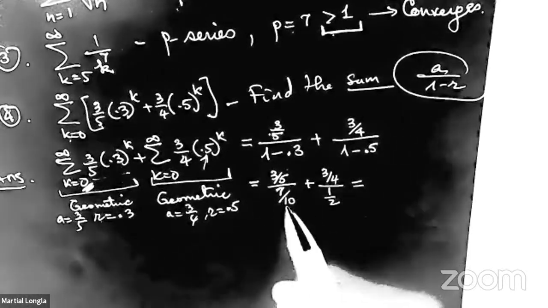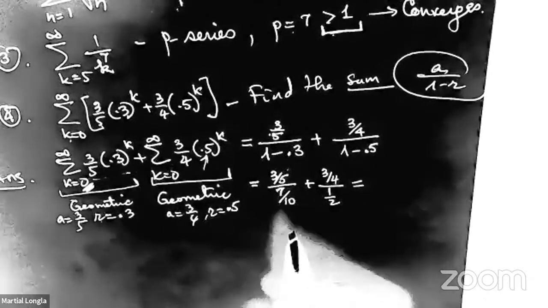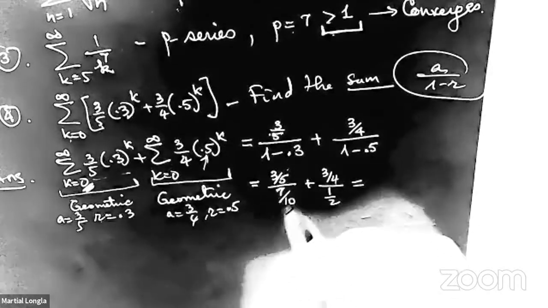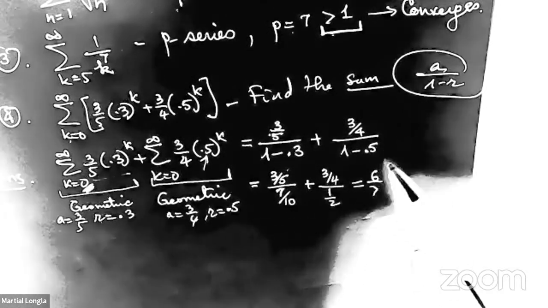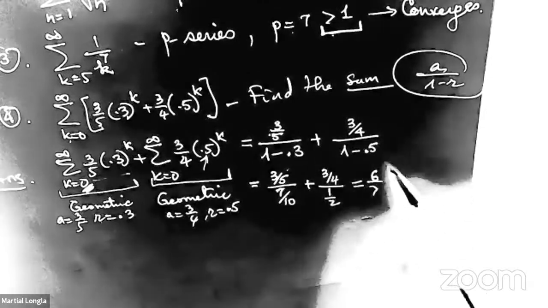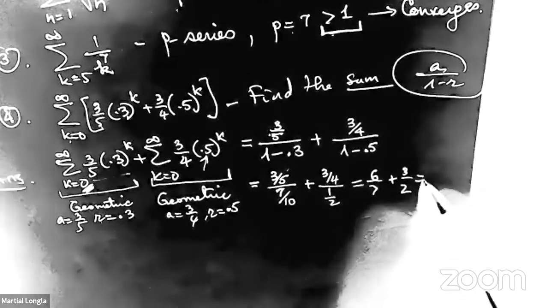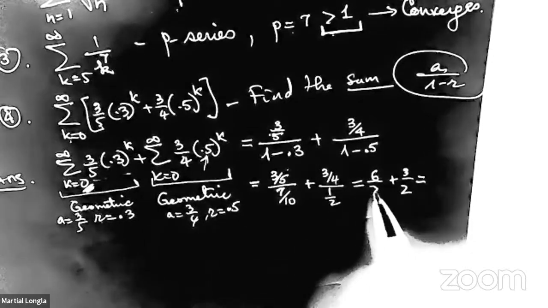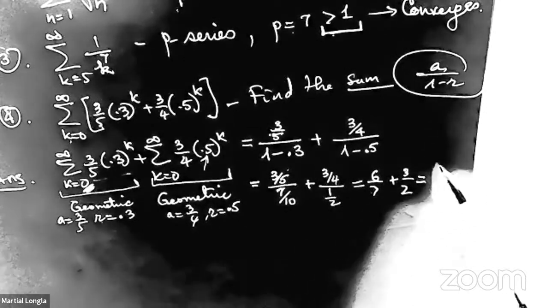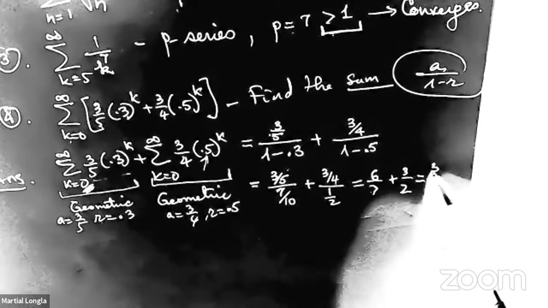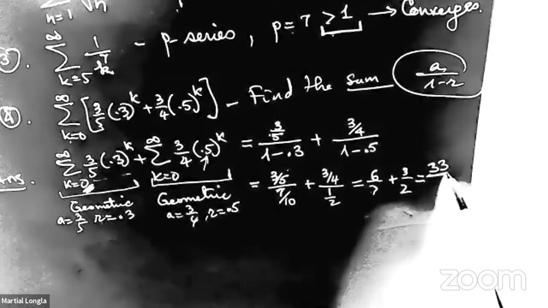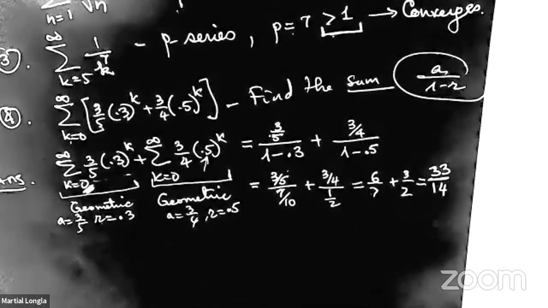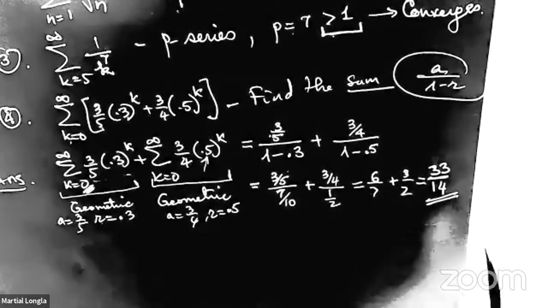And when you are dividing a fraction by another fraction, you multiply by the inverse of the bottom. 5 cancels, so you get 6/7 plus 3/2. That'll be 12 plus 21, 33, I guess, over 14. So that's what that sum is equal to.